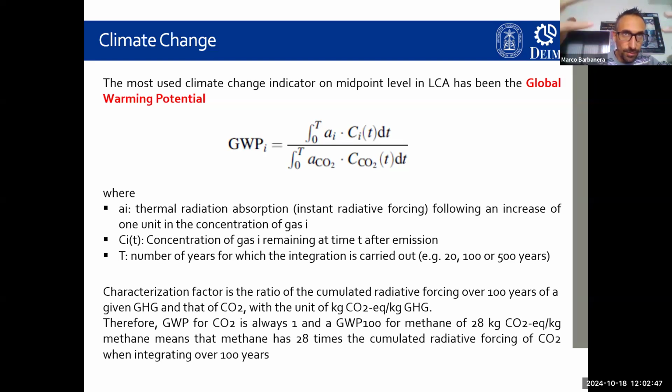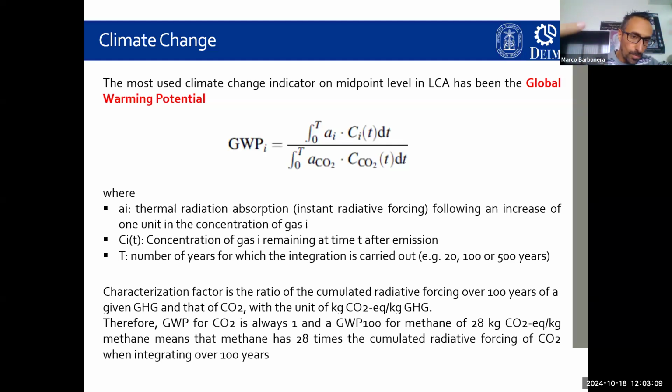So the global warming potential is calculated by comparing the disturbance effect of a certain greenhouse gas to the disturbance effect due to CO2. This is the meaning, okay?